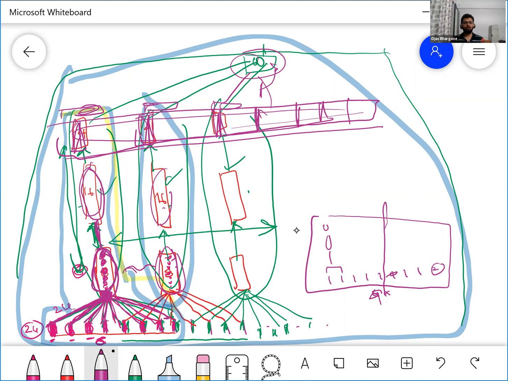In case the second 8 bar is getting fed to the first 16 bar, then please correct me if I'm wrong, the kernel width is 2.